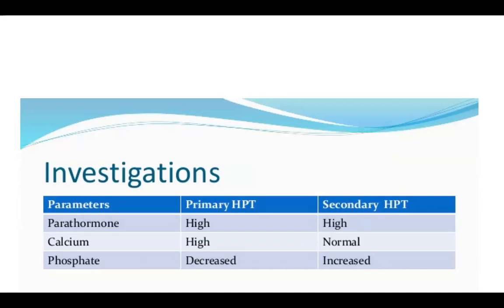In the primary hyperparathyroidism, both the calcium and the parathyroid hormone will be high and phosphate will be low. But in the case of the secondary hyperparathyroidism, parathyroid hormone level will be high, calcium level can be normal, and phosphate excretion will be increased.